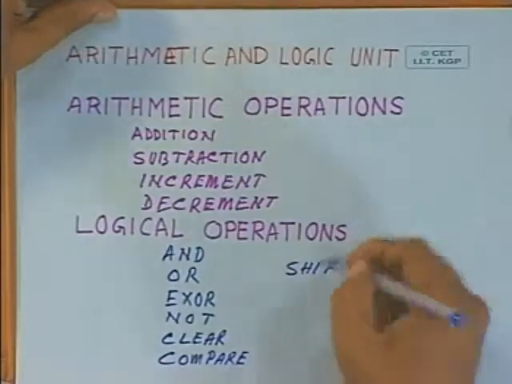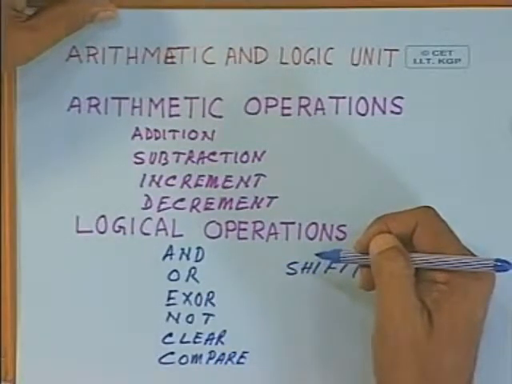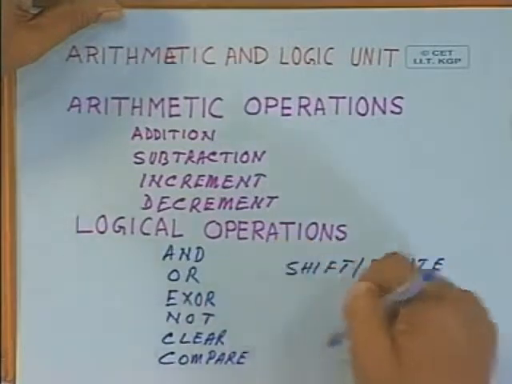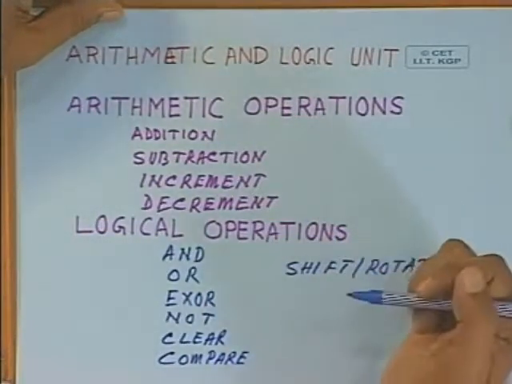These are the various logical operations the ALU of 8085 can perform. And obviously, in modern microprocessors, the logical operations will be more. Other logical operations can be performed.